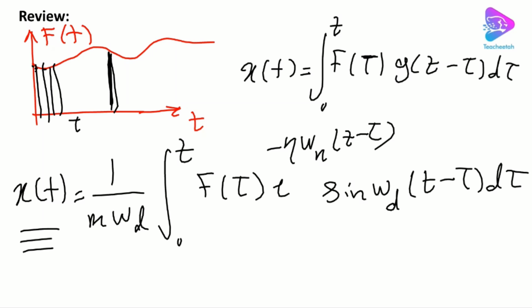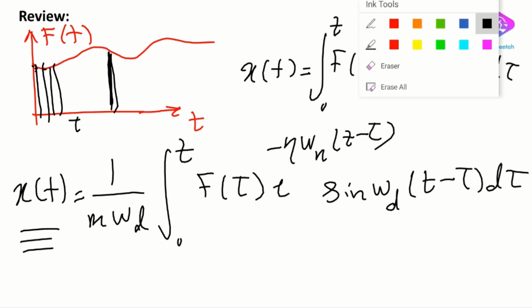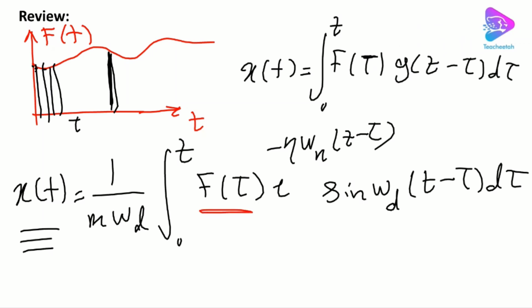So in this integral, F(tau) is coming from the function related to the force, and these two parts are coming from g(t minus tau), right? As you see, it is a general formula that can be applied to the case that the force is non-periodic.